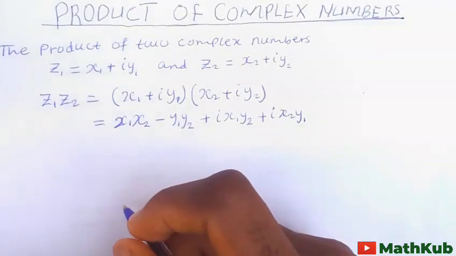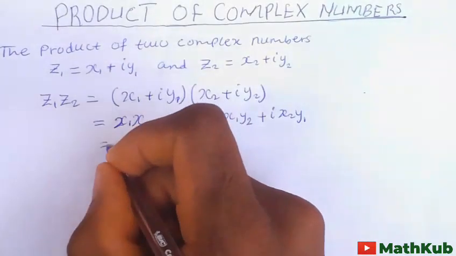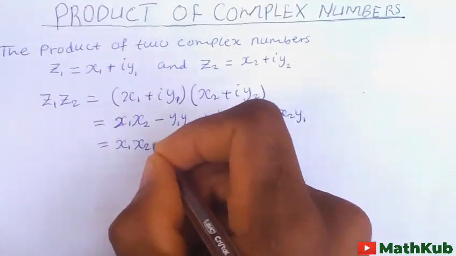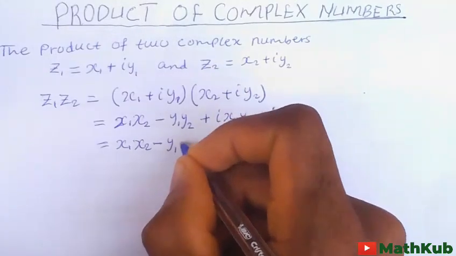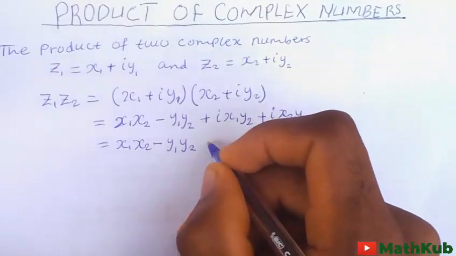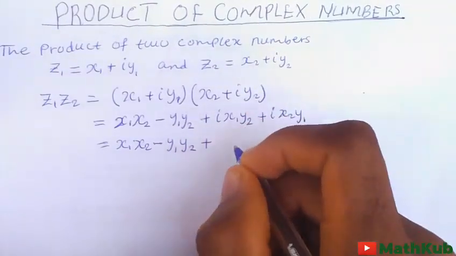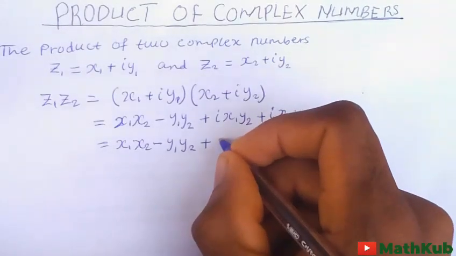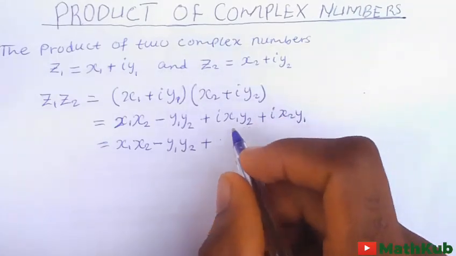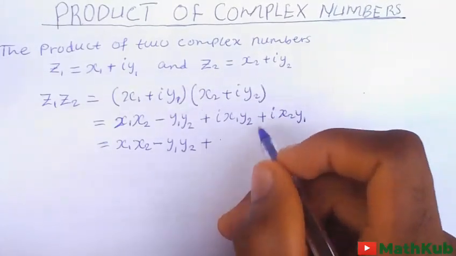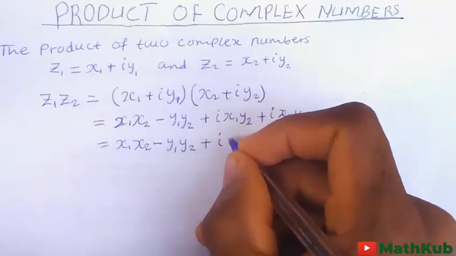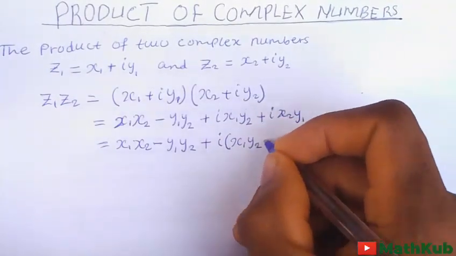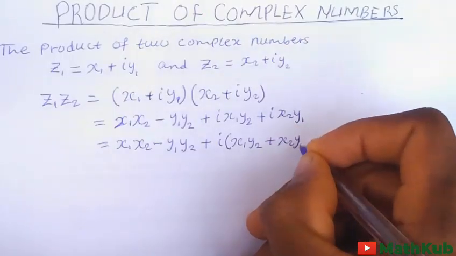We can now combine the real and combine the imaginary, which we have x1 x2 minus y1 y2 plus, we can write this as, we factorize i, then we have x1 y2 plus x2 y1.